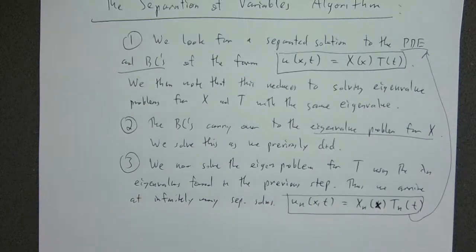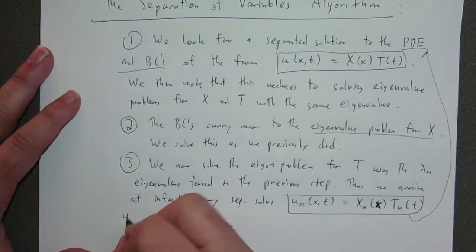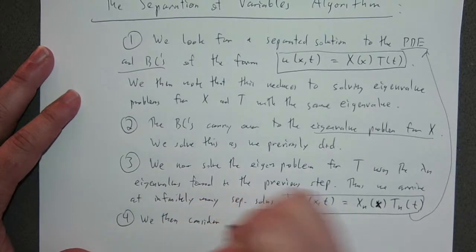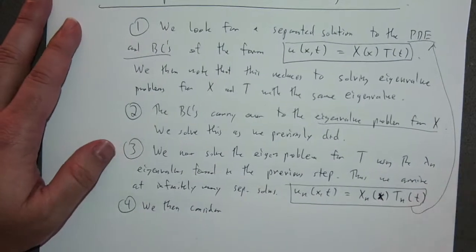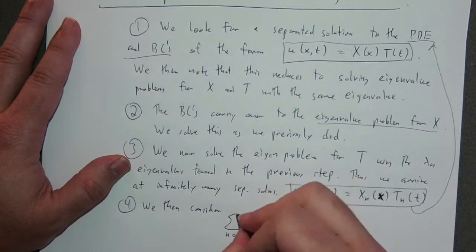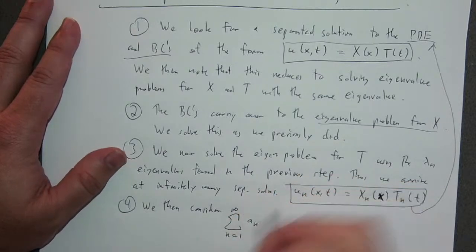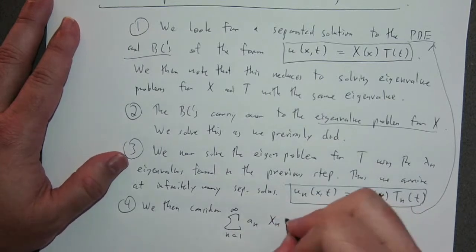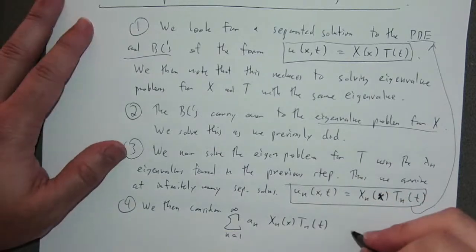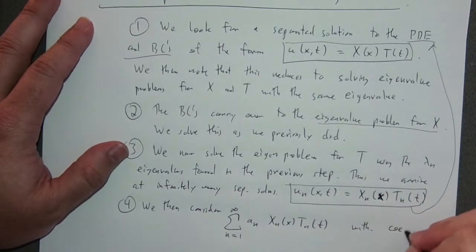We note that any finite linear combination of these is also a solution. This is the superposition principle for linear PDEs. So instead of a finite sum, we then consider an infinite sum of the form sum from n equals 1 to infinity of a sub n times X sub n of x, T sub n of t, with coefficients a sub n.